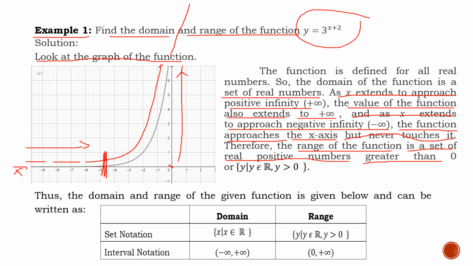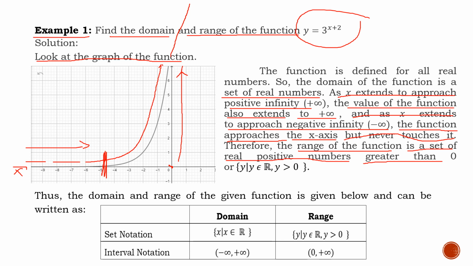That's why the range of this function is a set of real positive numbers, because we only consider positive y values, because your graph will never touch your x-axis, or there is no point of intersection between your x-axis and your graph.